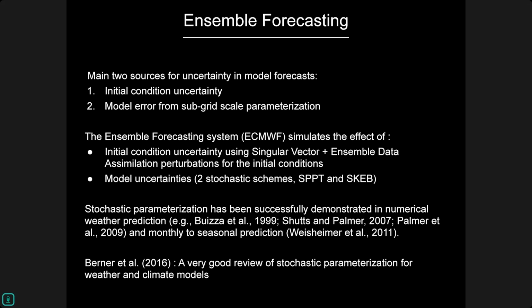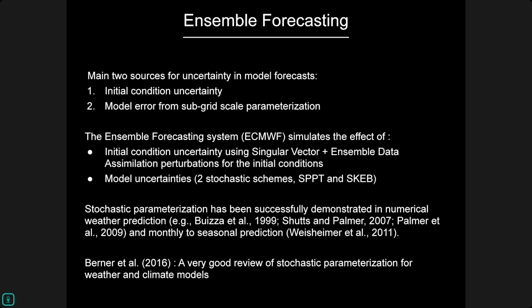I'll not go in depth into this, but that's essentially projecting onto the error-growing modes in the system. You can think of singular vectors as EOFs, but they're not exactly EOFs; they're directions in which the error grows the most in a chaotic system. And then the model uncertainty is represented through stochastic perturbation, which maybe I'll touch upon later given time.